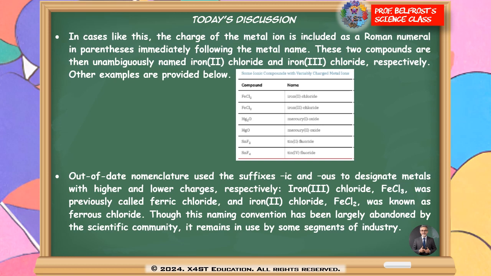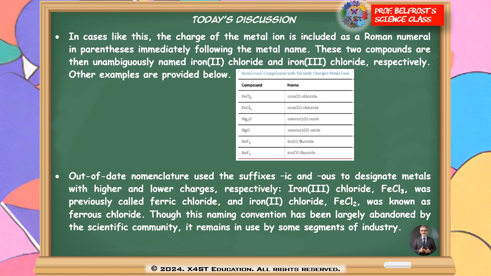Actually, there is some out-of-date nomenclature that uses the suffixes -ic and -ous to designate metals with higher and lower charge. For example, iron(III) chloride was previously called ferric chloride, and iron(II) chloride was called ferrous chloride.